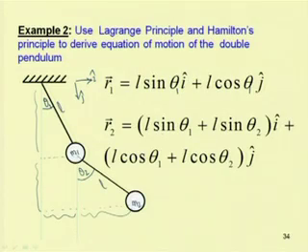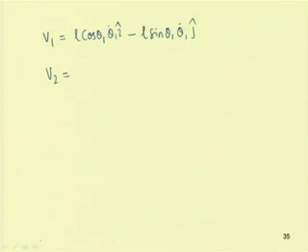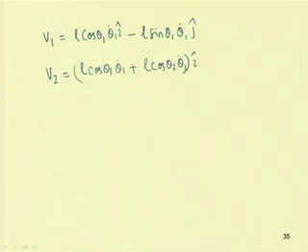And by differentiating the second position vector, one can write the velocity v2 of the second mass. So, the velocity of the second mass becomes, differentiating L sin theta 1, L cos theta 1 theta 1 dot plus L cos theta 2 theta 2 dot. This is in I direction.